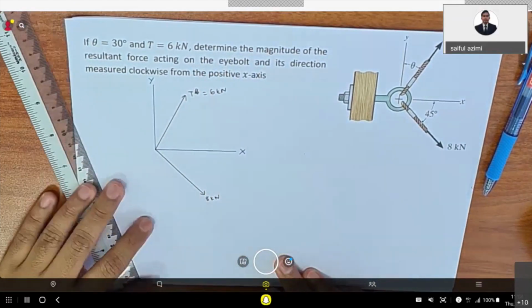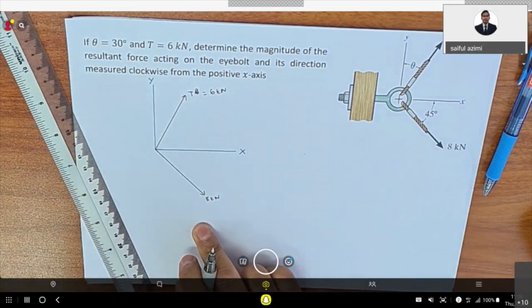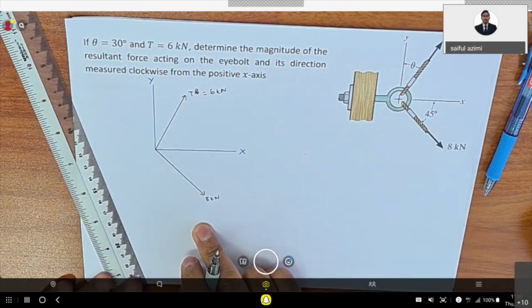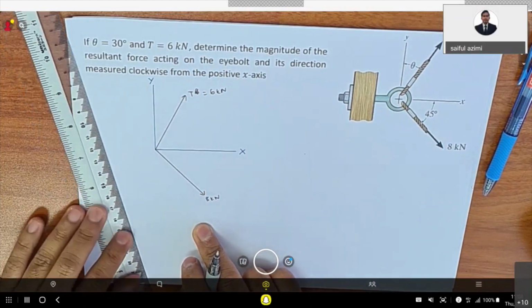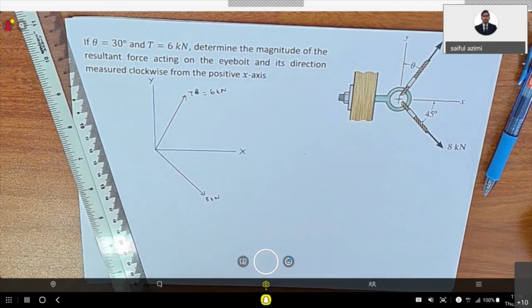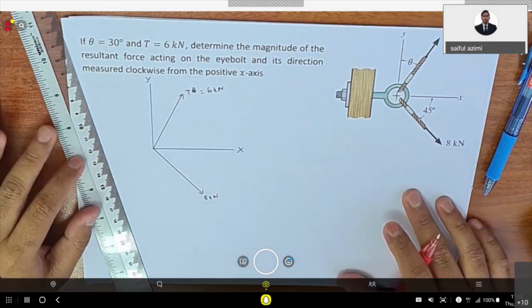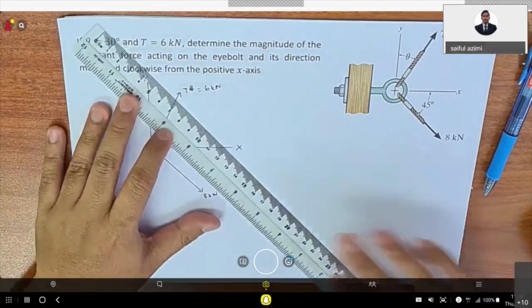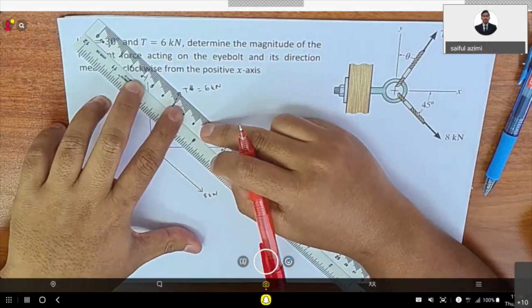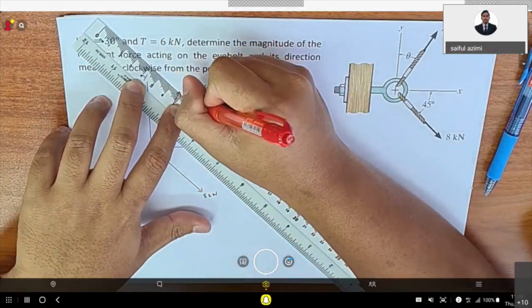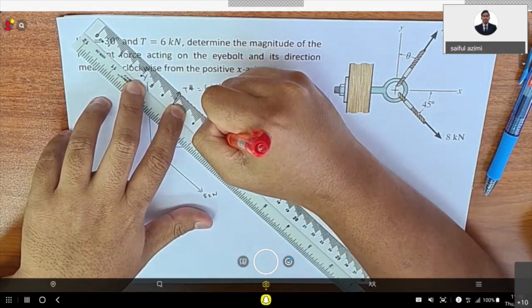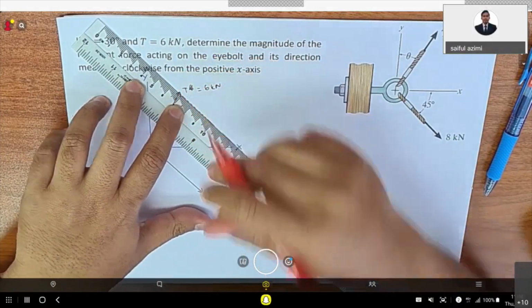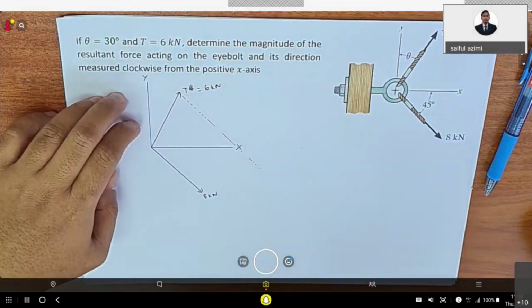In order to solve this problem, where you need to find the resultant force, you should draw the parallelogram. To draw the parallelogram, you should draw the parallel lines. Here you can draw the parallel line in order to find the angle, because you need an angle to solve the problem.